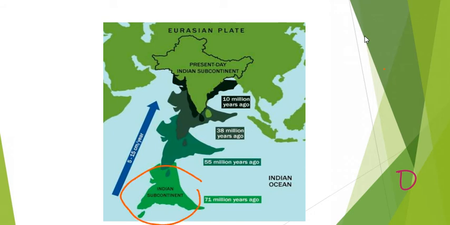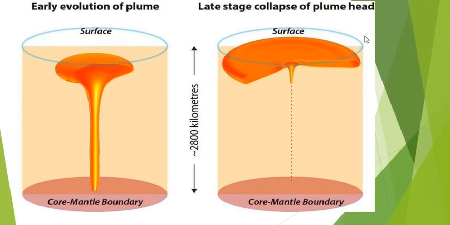The Indian subcontinent was moving. When it was exactly here, there was a magma plume. What is this magma plume? Let us see.